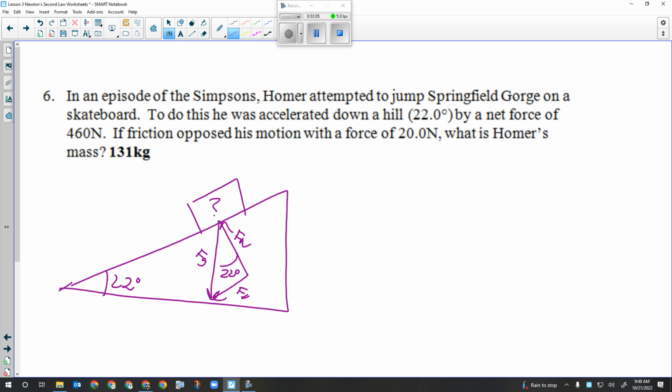It says friction is opposing his motion with 20 newtons worth of force, and that he was accelerated down the hill by a net force of 460 newtons. So we know what F net is.